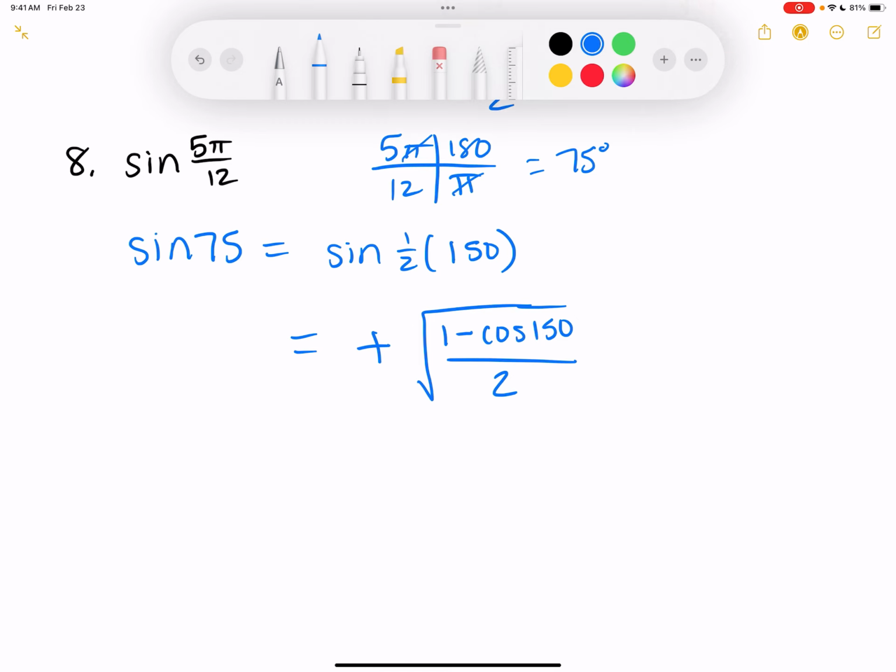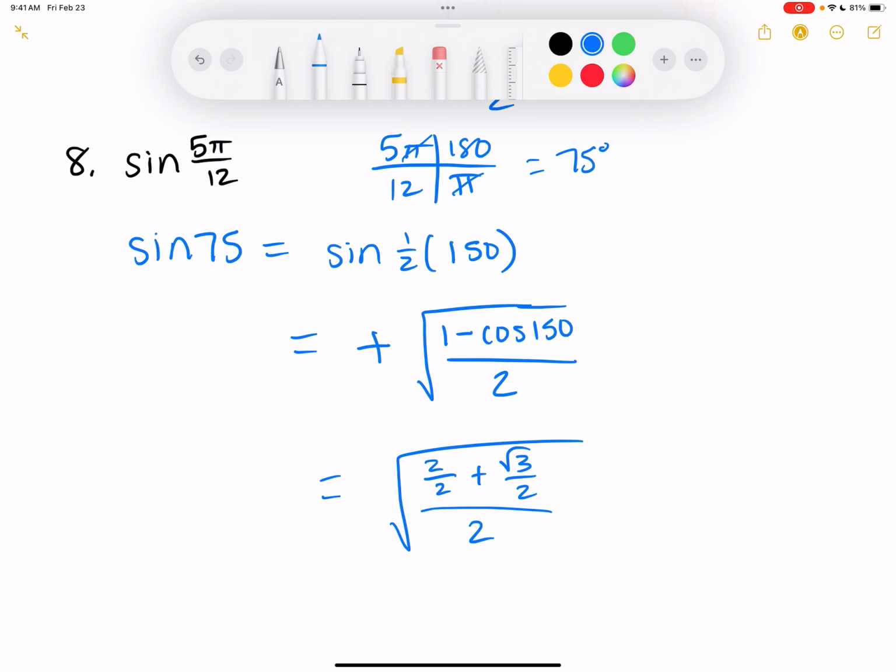Negative root 3 over 2, so square root of, I'll do it this way this time, 2 over 2 minus, nope, plus. So notice the formula was minus, but that value is negative root 3 over 2, so it's going to become plus root 3 over 2 over 2.